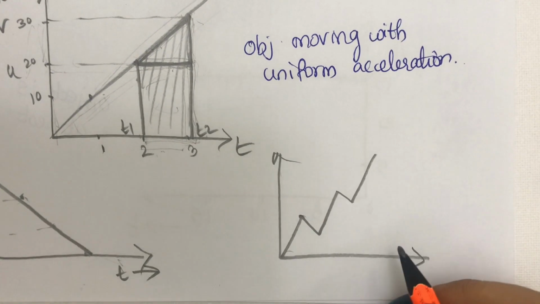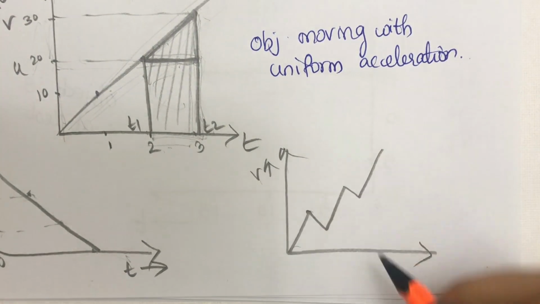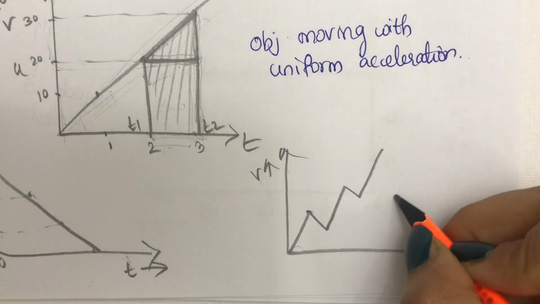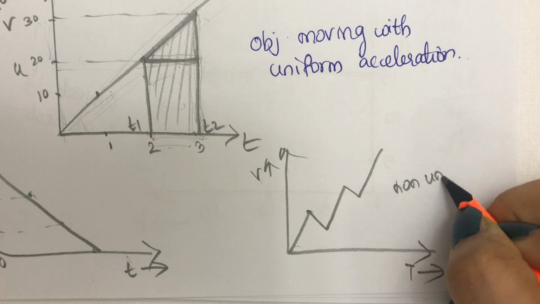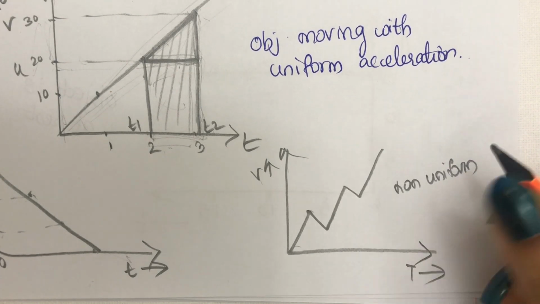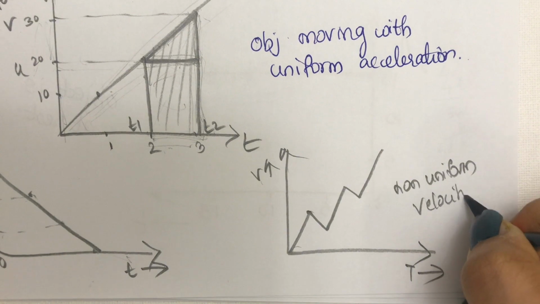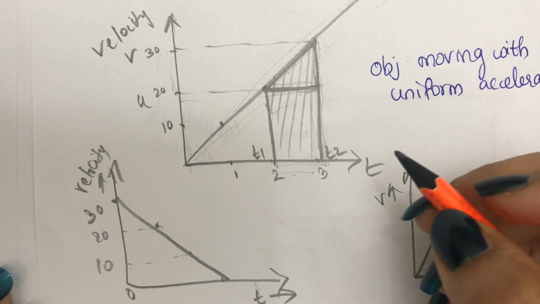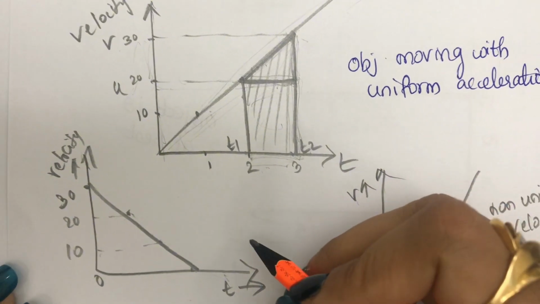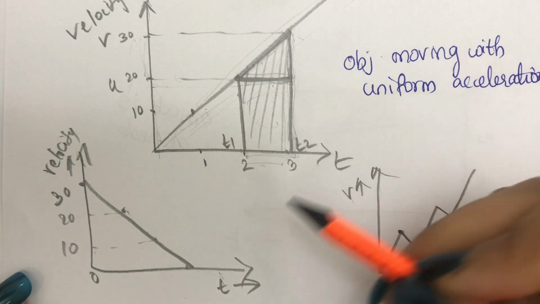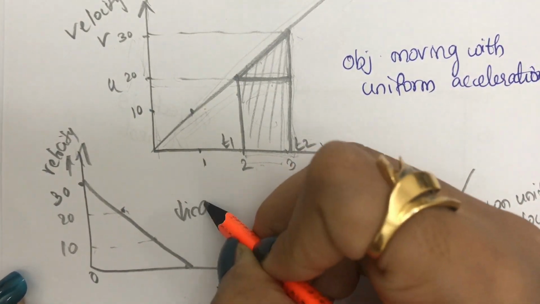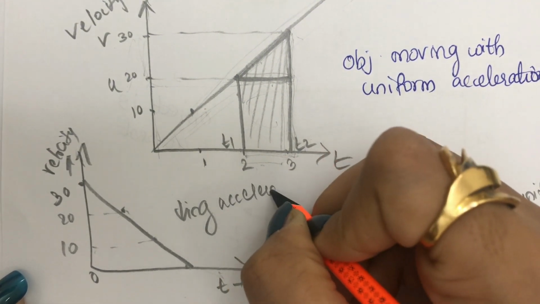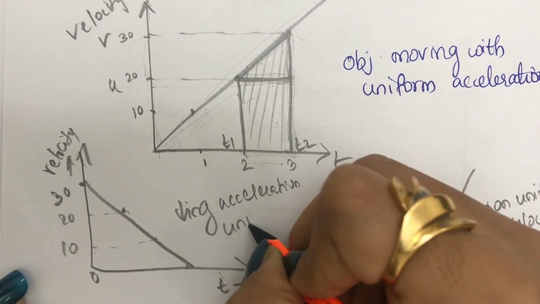Okay, this is the velocity time graph, VT graph, of an object moving with non-uniform velocity. What is this? This is an object moving with what? With decreasing acceleration, but uniformly.